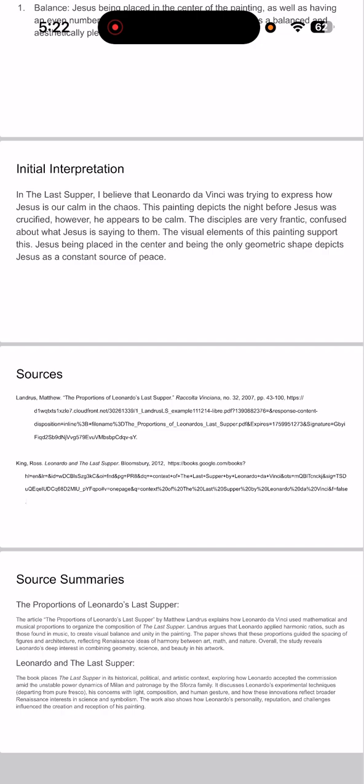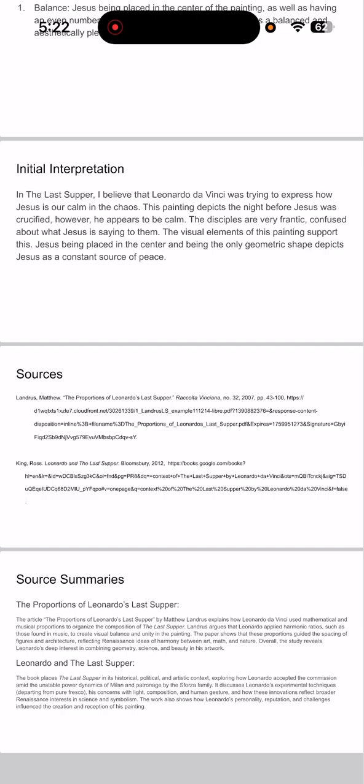And the second one was Leonardo and the Last Supper, and it says the book places the Last Supper in its historical, political, and artistic context, exploring how Leonardo accepted the commission amid the unstable power dynamics of Milan and the patronage by the Sforza family.